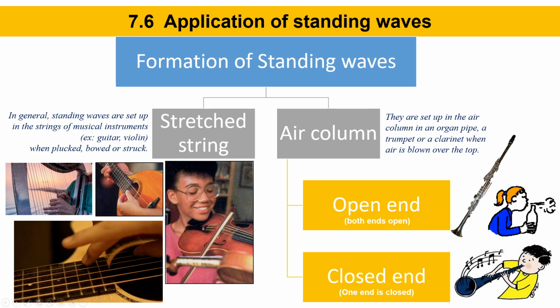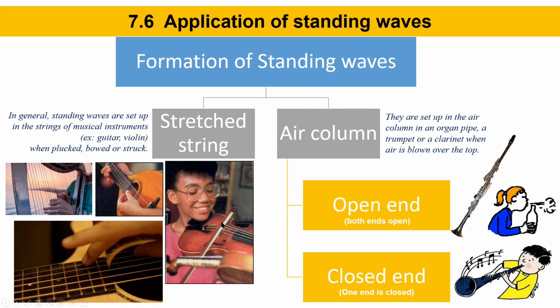When you strike the string, you are applying a wave into the string, and this wave will be reflected at the other end. Two identical waves moving in opposite directions will superpose and finally form a standing wave on, let's say, the violin string.